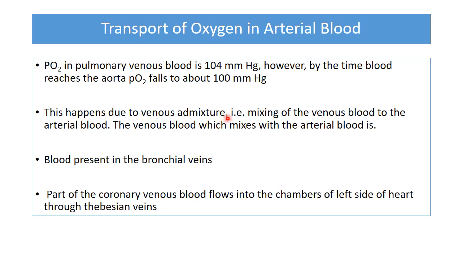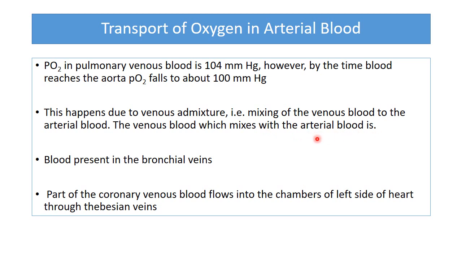What is venous admixture? It is the mixing of venous blood with the arterial blood. That is, it is the mixing of shunted non-oxygenated blood. That is, the blood has been shunted or bypassed the alveoli for oxygenation, and now it has been mixed with the oxygenated arterial blood.